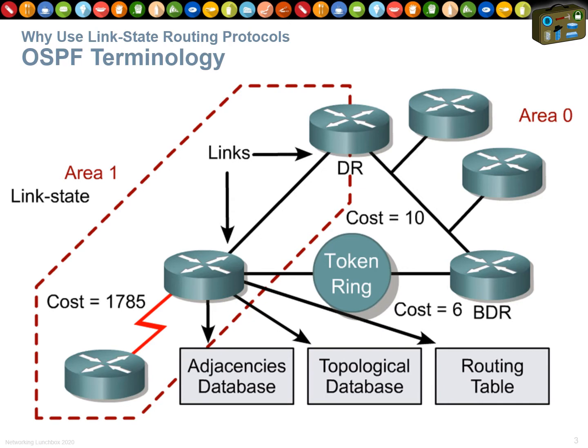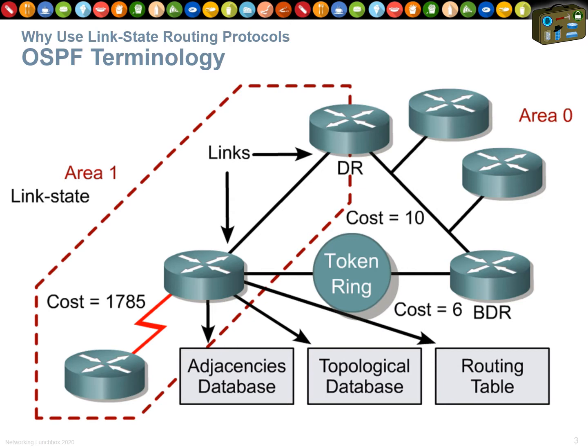And this slow link over here is representative of a 56k link, and 1785 is the cost. So the higher the cost, the slower the connection. So that's why in this scenario the token ring is the best path, because it's got the cheapest or the lowest cost.